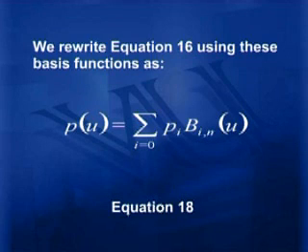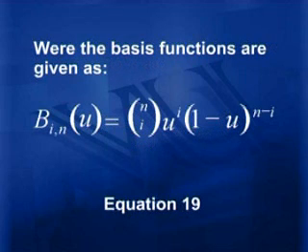So we rewrite equation number 16 using these basis functions as P of u equals summation of Pi Bi,n of u for i equal to 0 to n. Mark this as equation number 18. So the basis functions are given as Bi,n of u equals (n choose i) times u raised to power i times (1 minus u) raised to power n minus i, where the initial part of the right hand side, the (n choose i), means how many ways we can have i samples out of a population of n items.